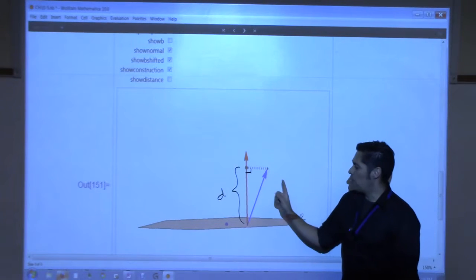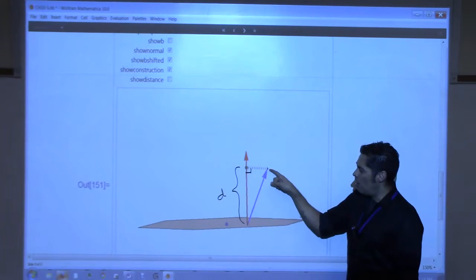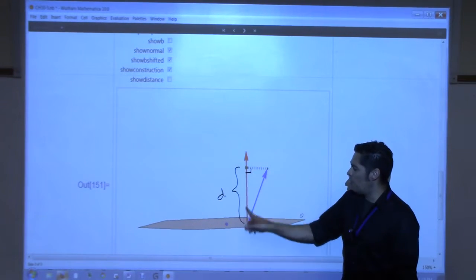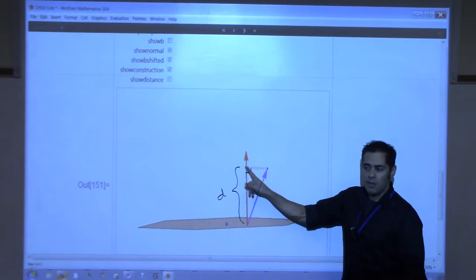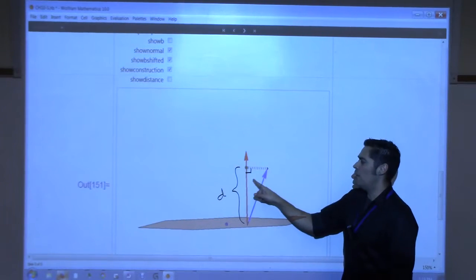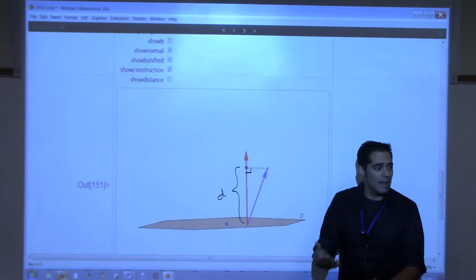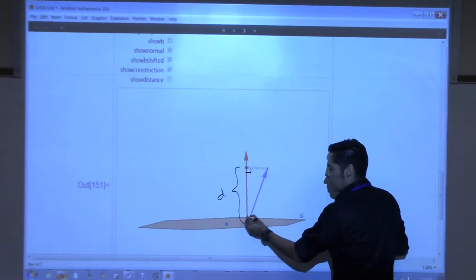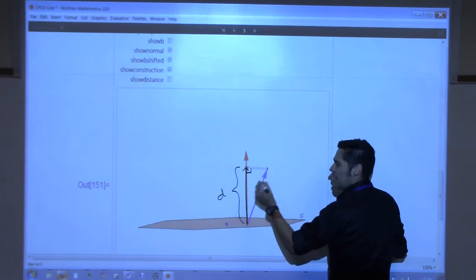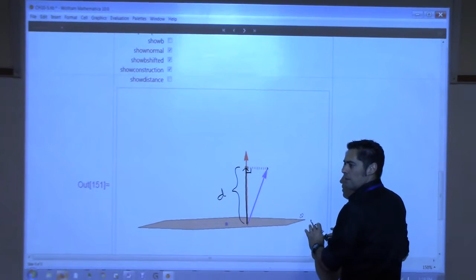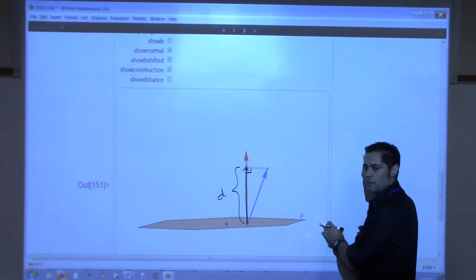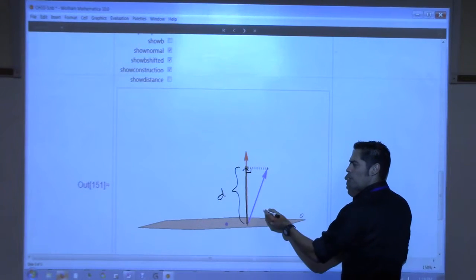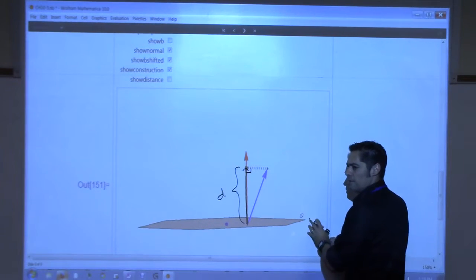The projection of the blue one onto the red one would be a vector going from here to here. The component of the blue one onto the red one is the length of that vector, isn't it? So if I can come up with this vector right here and take its length, then that would be d, yeah? So I want the component of the blue onto the red.